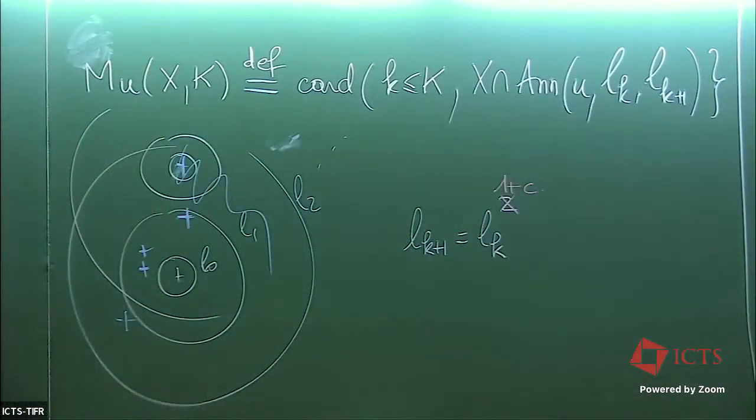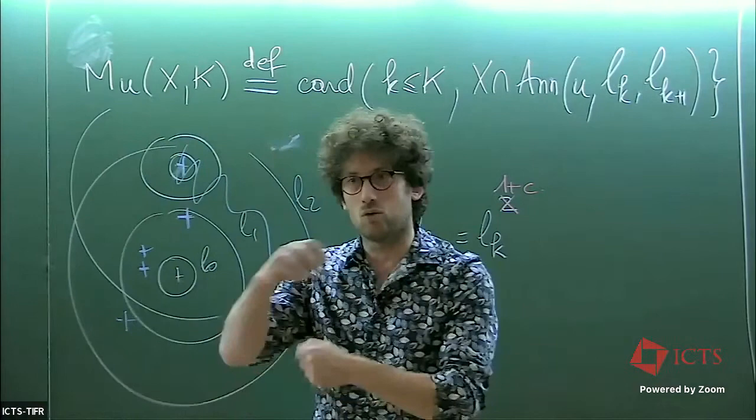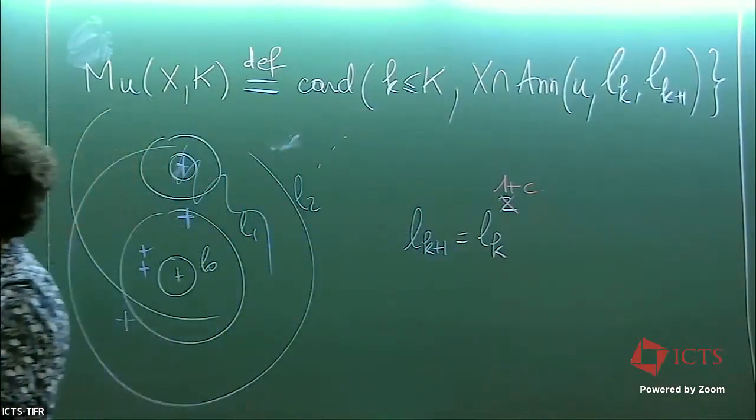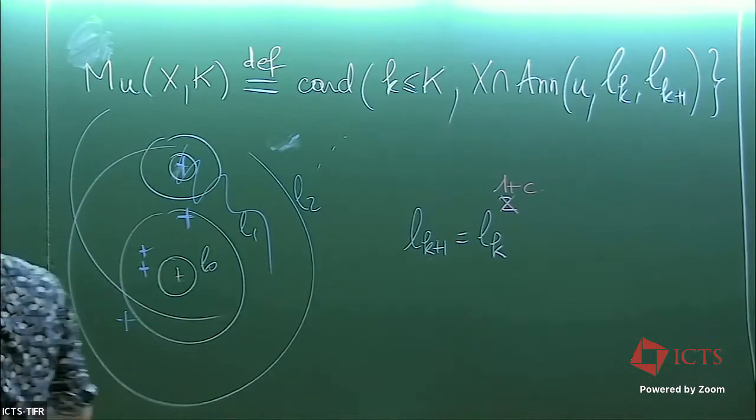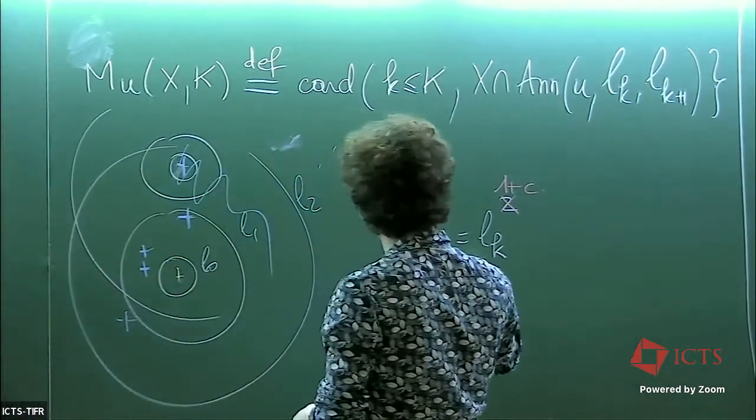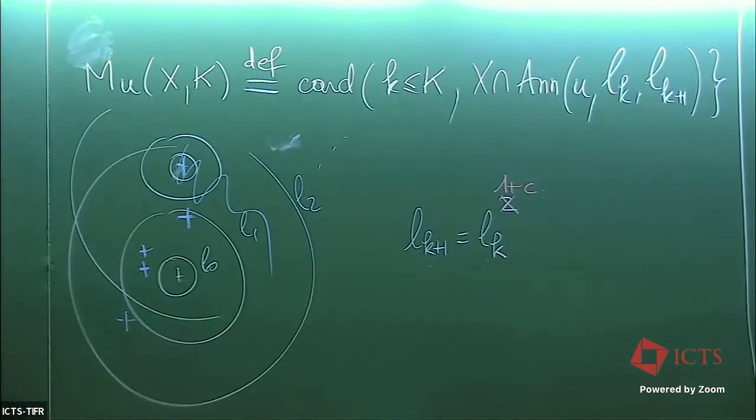Actually, maybe I'm going to explain to you a little bit later. Or no, I can tell you now. It's going to be important when you do the second moment estimate to prove that you have intersection in each scale. It will be important to take scales that blow up in the bubble diagram.